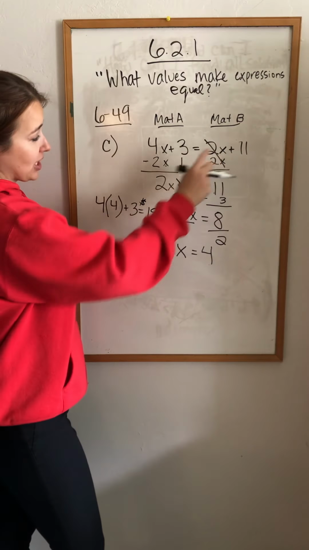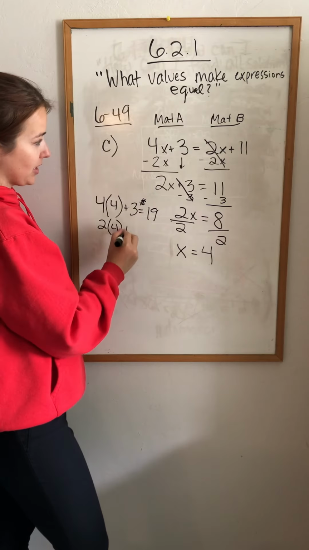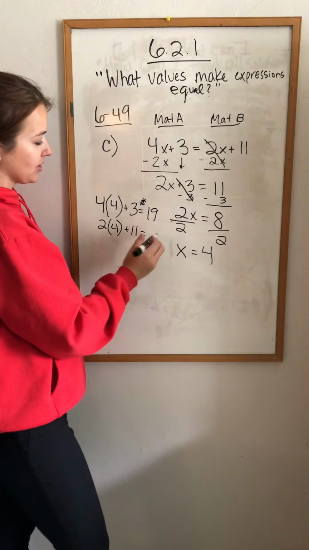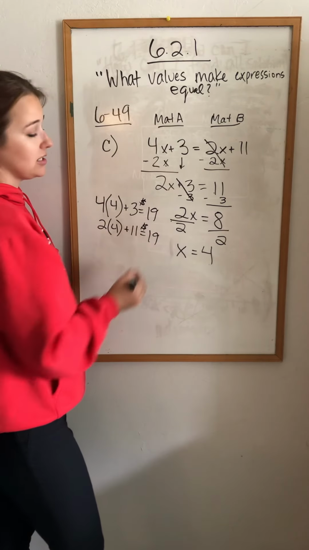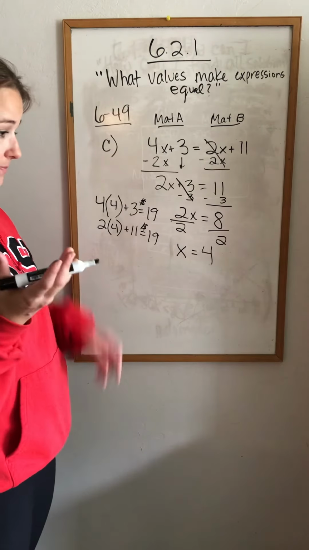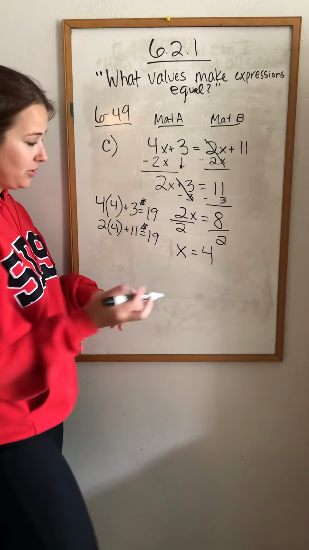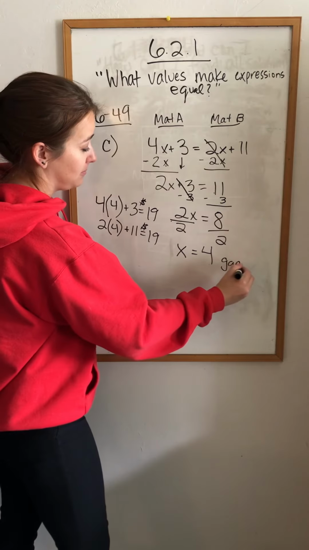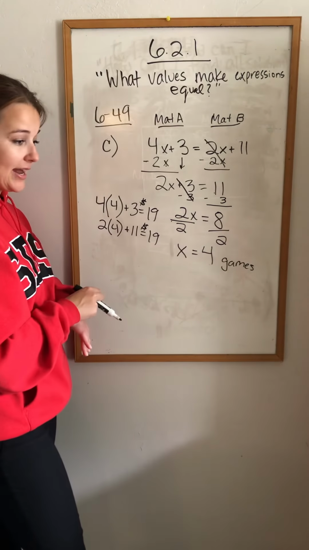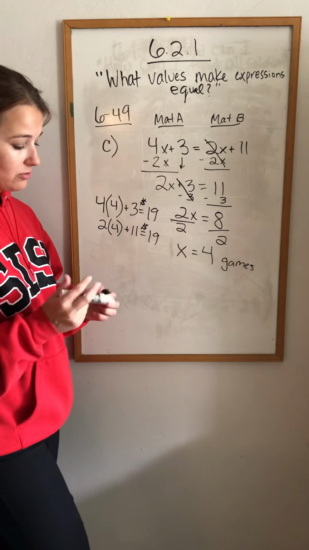And if I want to double check the other one, I can do 2 times 4 plus 11, 8 plus 11, $19. So for C, there was a lot going on there. But it says how many games would the customer bowl? 4 games. And what was the price you would pay? $19.